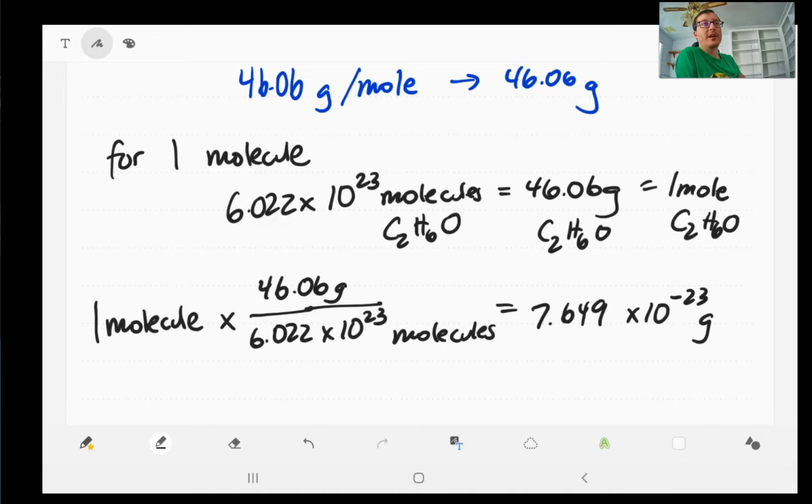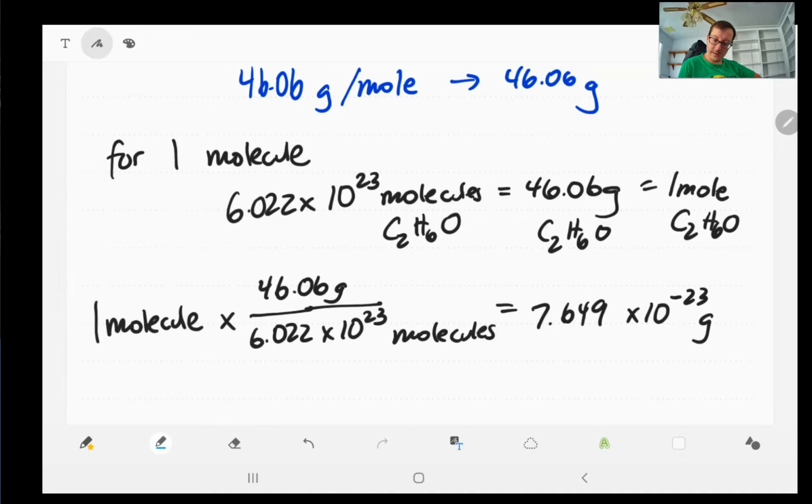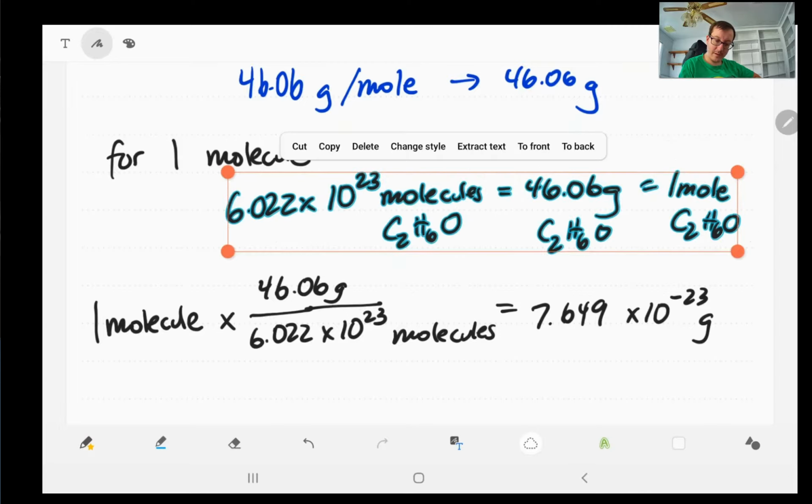So it's just a definition for us. 1 mole is equal to 6.022 times 10 to the 23rd whatevers, and that is also equal to your molar mass. The only thing that changes is the middle number there. Whatever substance we're looking at, the right and left will always be the same.